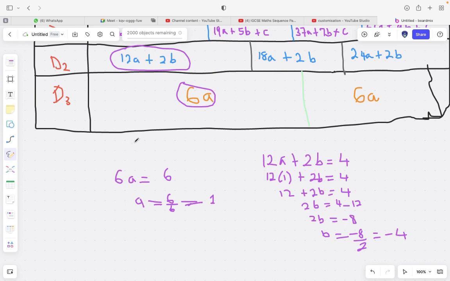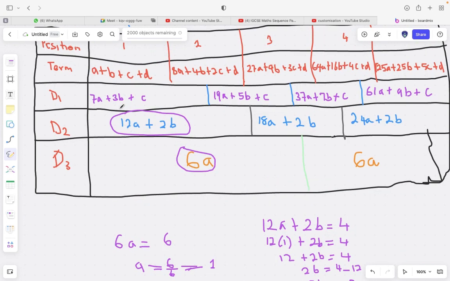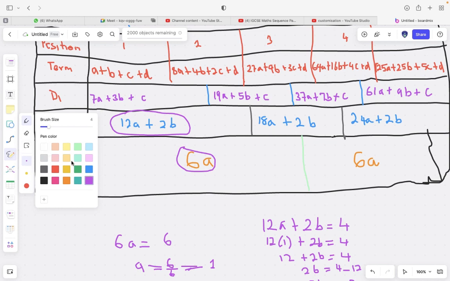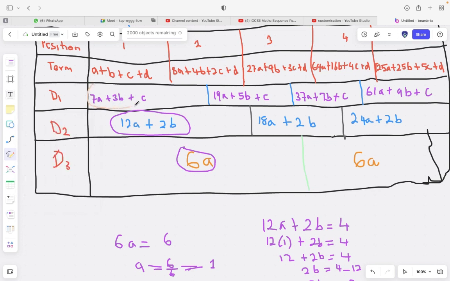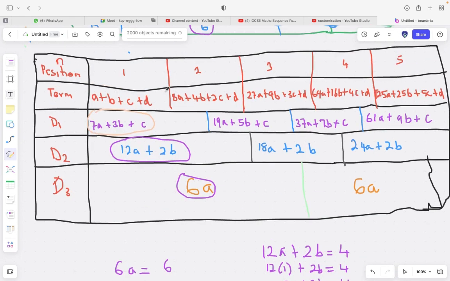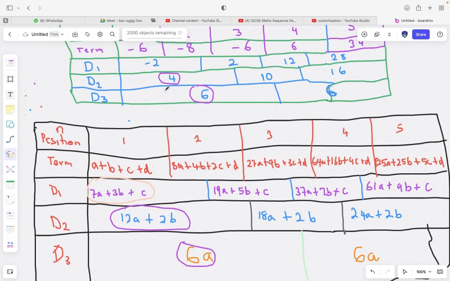Now let's find C. To find C, we're going to equate this location, 7a plus 3b plus c, with the exact location in table 1, which is equal to -2.